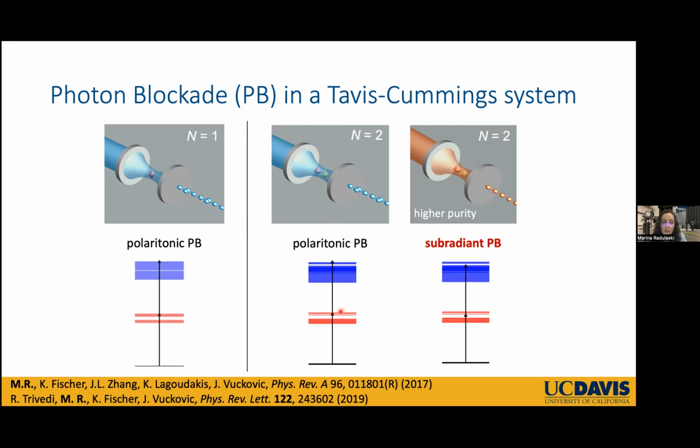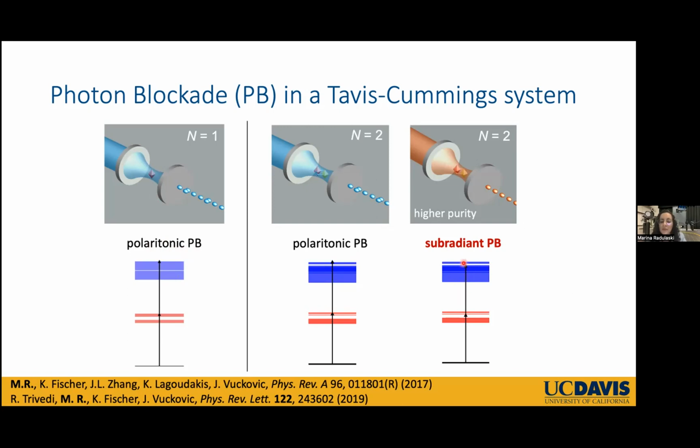And so in addition to the polaritonic photon blockade that we had in the case of the Jaynes-Cummings Hamiltonian, now we have another way of generating single photons, and that is by using this subradiant state here, the 3rd state that occurred as we added new atoms, and the little windows that open up in the second excited manifold.